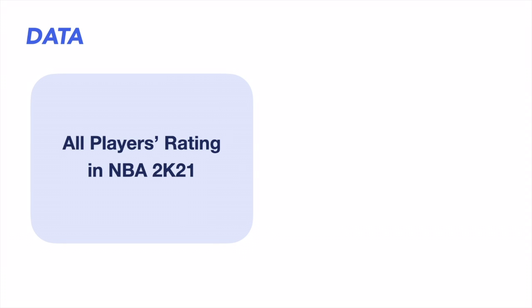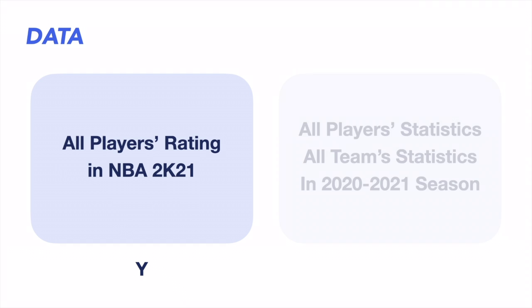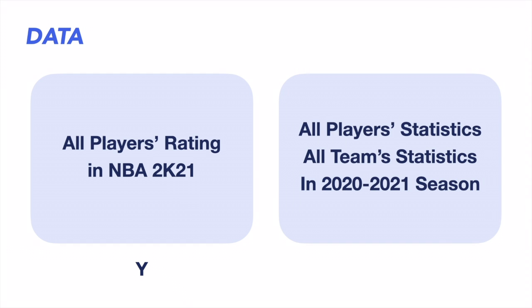For the data part, we collected all players' ratings in NBA 2K21, and this will be Y, or labels, of the data. Besides, we also collected players' statistics like points, rebounds, assists, and the team's statistics like win-lose percentage. This part will be the X, or features, of our data.